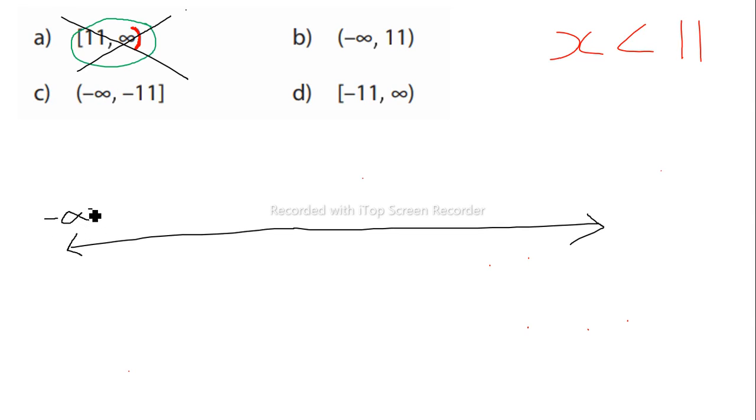Now we know that negative infinity is not a place. We in truth cannot really start at negative infinity, but we're just saying that all of the numbers that are small, all the numbers that are less than negative 11, are included in this set.